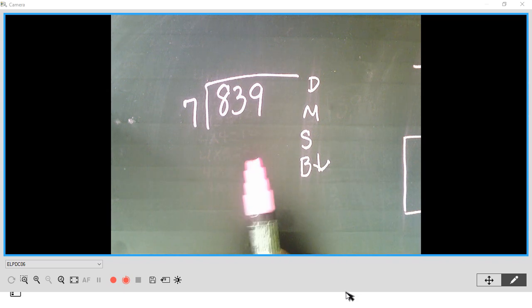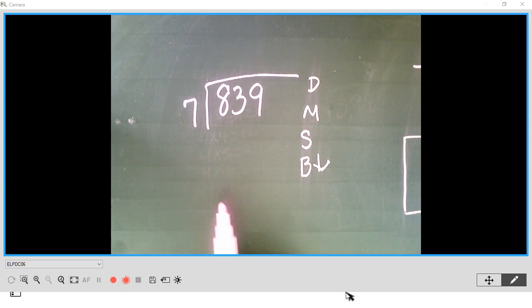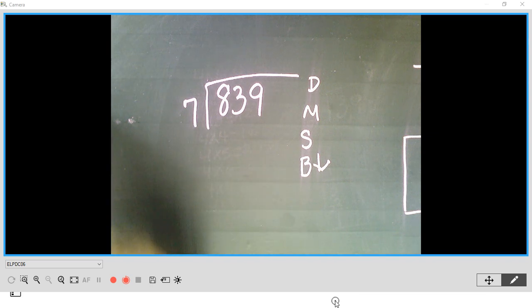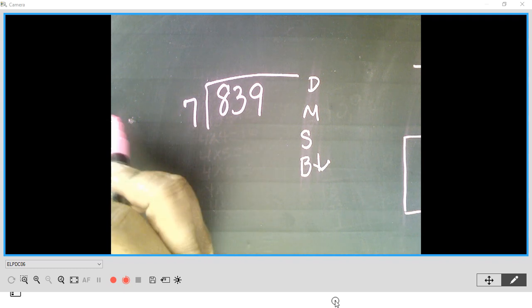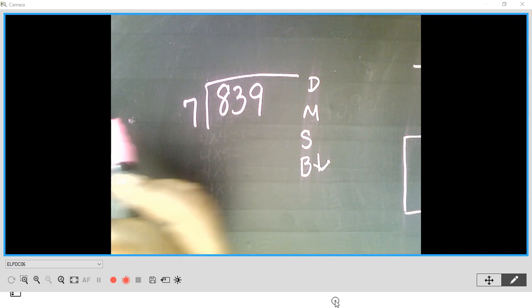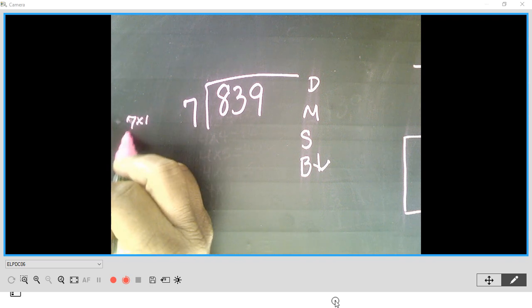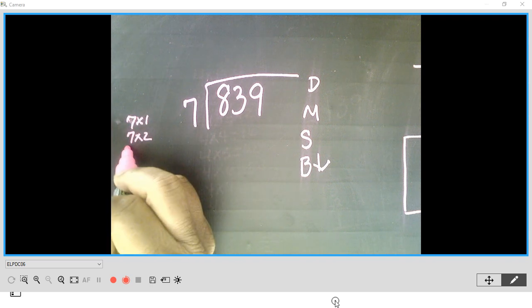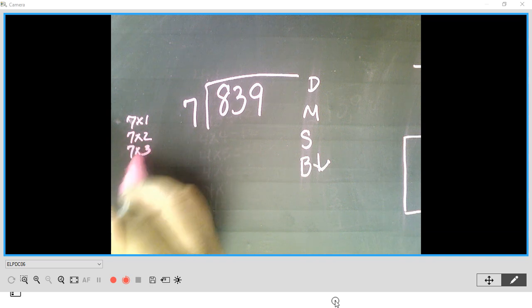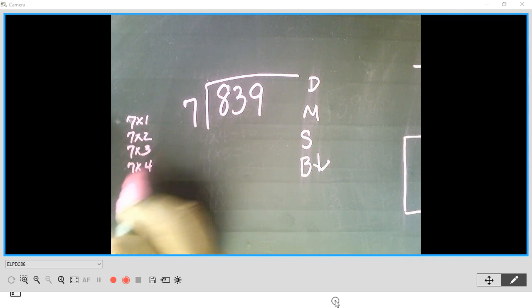It is 839 divided by 7. One of the first things I want to try to do is do some 7 multiplication tables in my head or list them out so I know what I can do. 7 times 1, 7 times 2, 7 times 3, 7 times 4, 7 times 5.